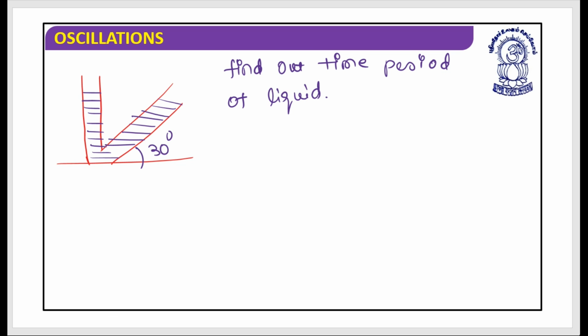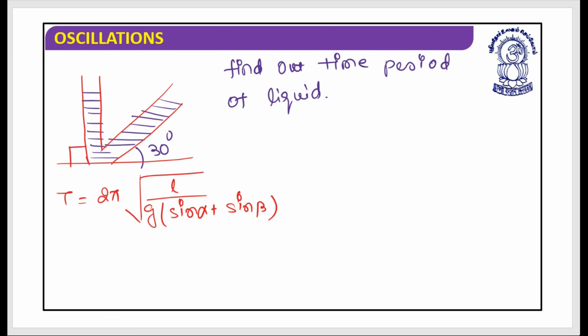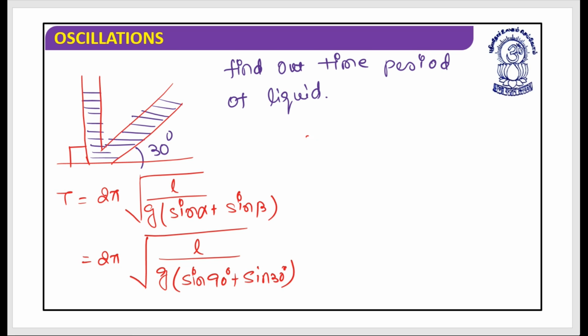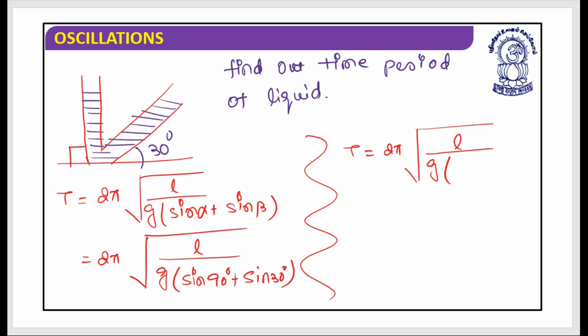So my master formula is T equals 2 pi under root of L divided by g into bracket sine of alpha plus sine of beta. As we understood, this is 90 degrees, and this is 30 degrees, so this could be given as 2 pi root of L by g into bracket sine 90 degrees plus sine 30 degrees. So T equals 2 pi root of L divided by g into bracket sine 90, which is 1, plus sine 30 degrees, which is a half.